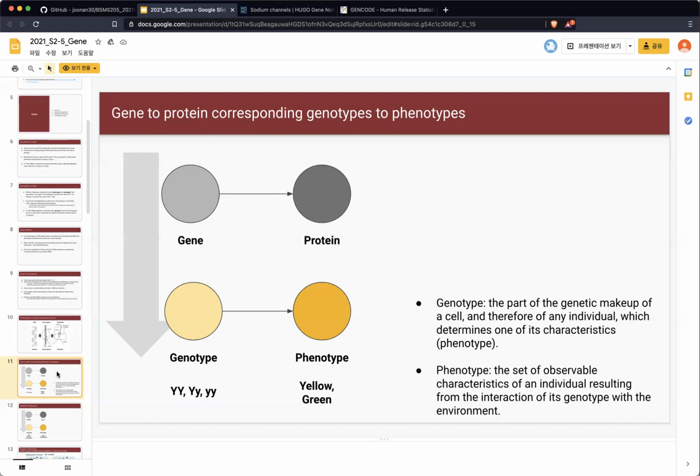The reason is that some of your proteins actually lead you to do that behavior, because the neurotransmitters or proteins in your nervous system actually led you to do that action, right?